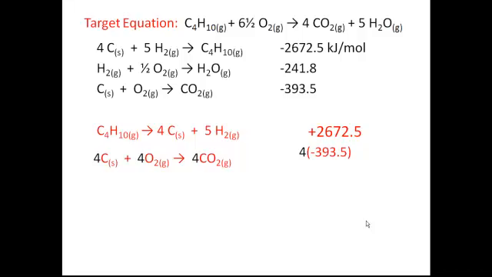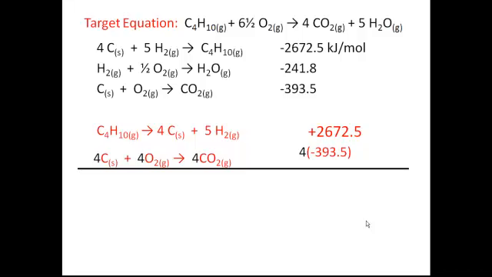Okay, now before you continue on, you should add these equations up and try and simplify and see where you're at. Okay, so I'll draw my line below this. Now I want to add these equations up, but before that I'm going to try and cancel out any common species. You don't have to do it right now. You can do it after you add them, but sometimes you're going to get a really long reaction if you don't try and cancel at this point.